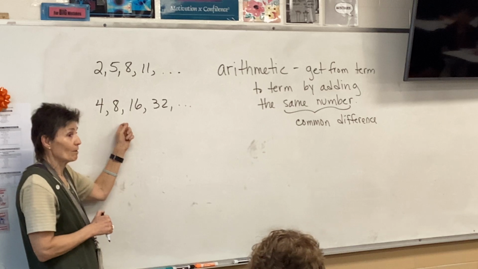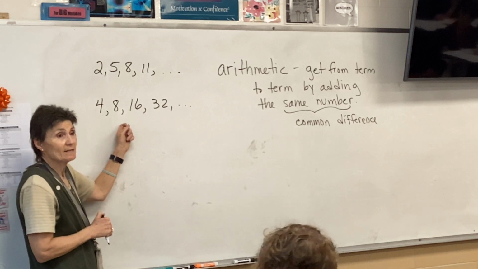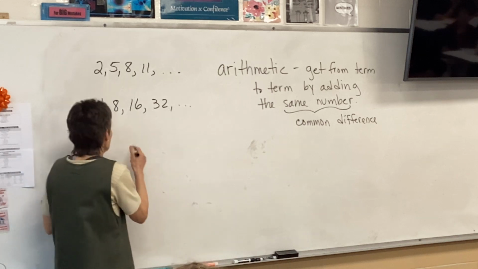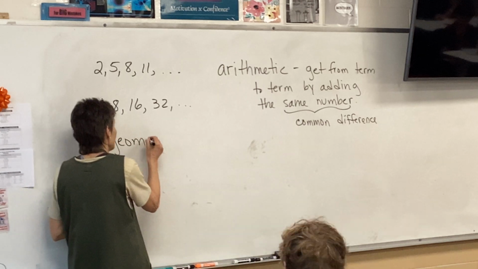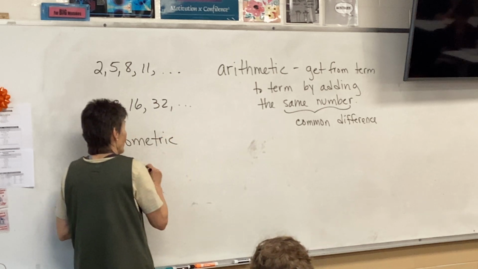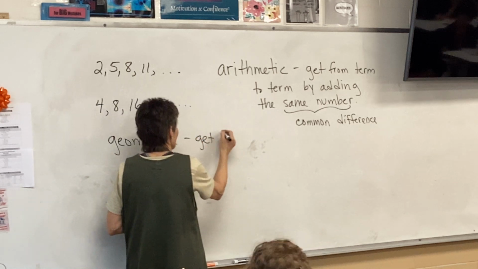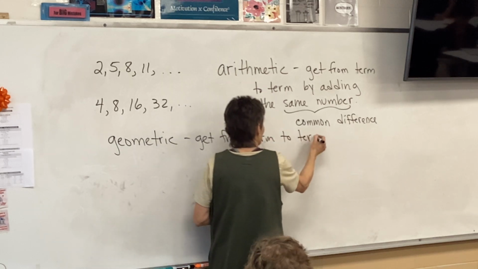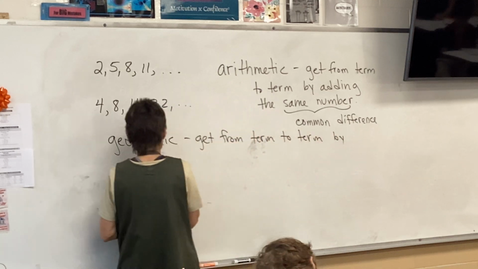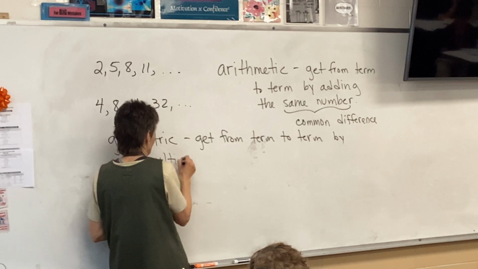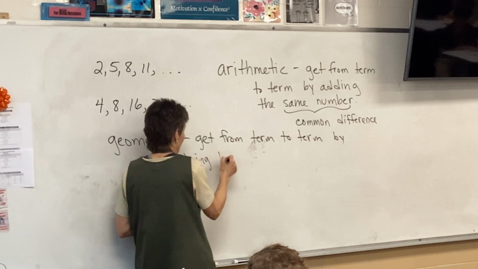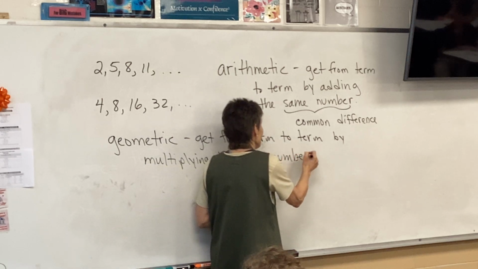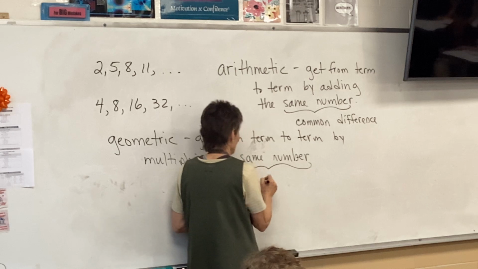Is this one arithmetic? No, because here we are getting from term to term by multiplying. So this is called a geometric sequence, and we get from term to term by multiplying by the same number. And that same number is called the common ratio.